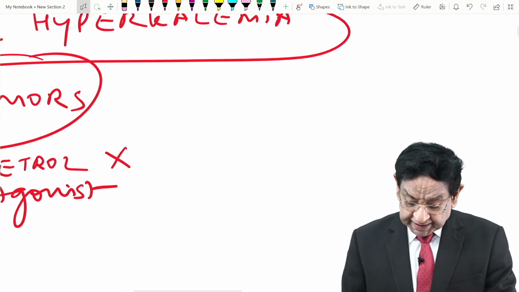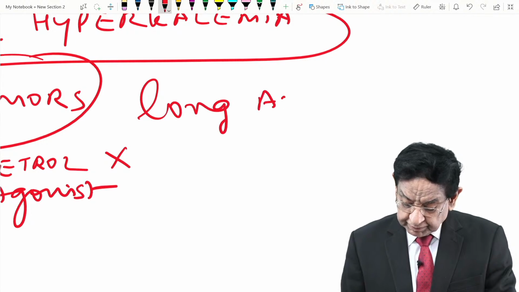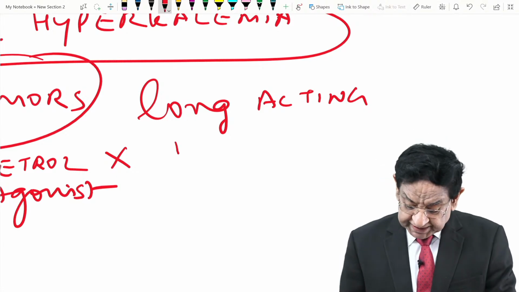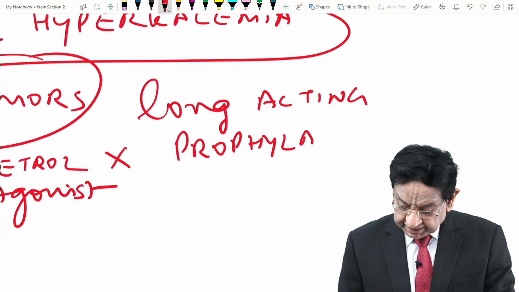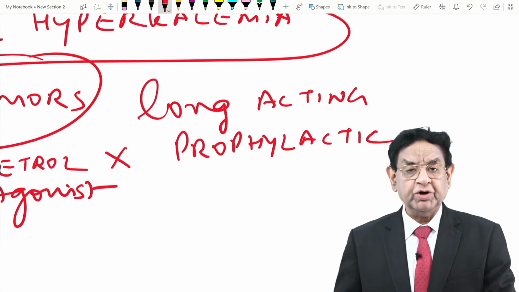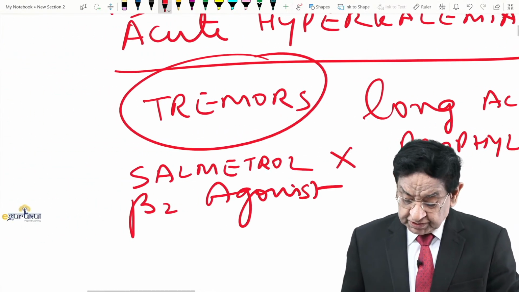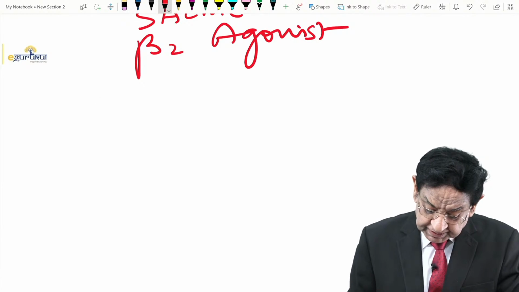It is a long-acting drug, so we use it as a prophylactic drug. It's not used in acute attack. Very, very important point.